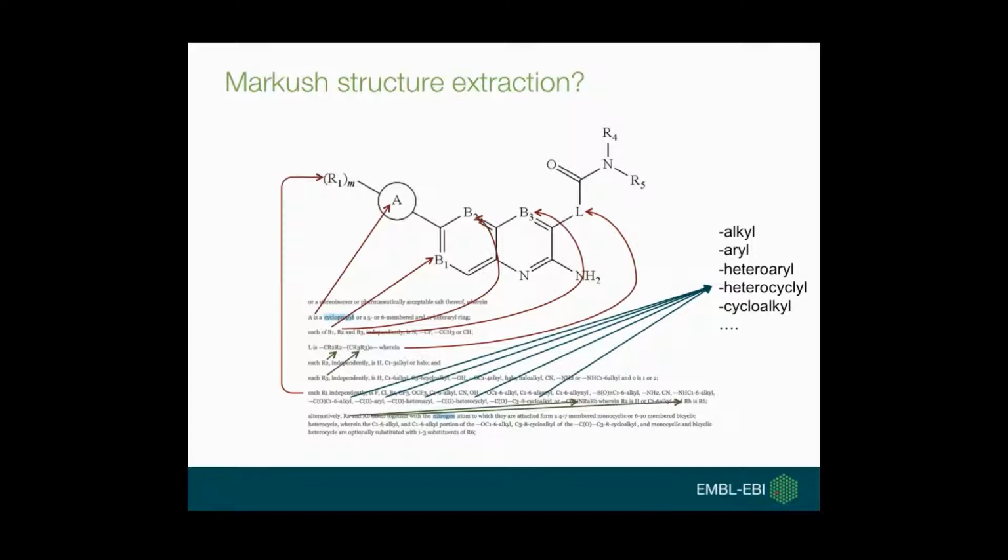Having said that, there is a group in Germany called InfoChem that has tried to do something like that, an automated Markush structure extraction and enumeration via text mining and image mining, and they have reported some success. But as far as we know, this is a very, very difficult thing to do.